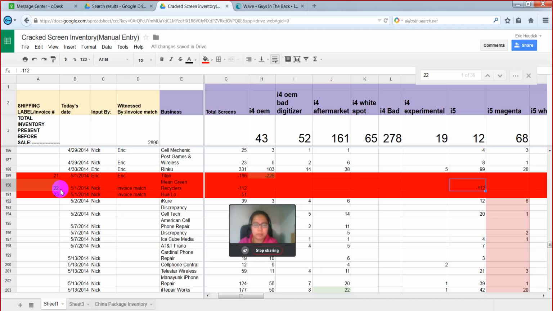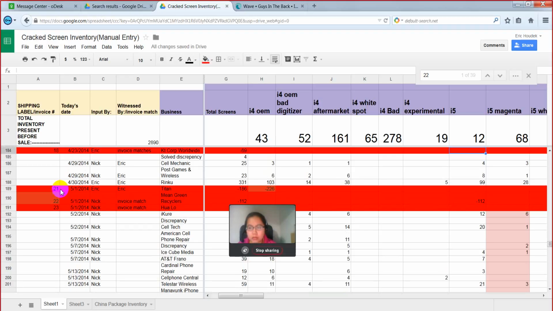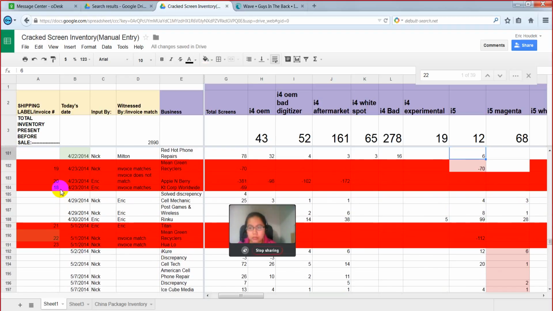So theoretically, I would say, okay, 112: 99 plus 8 is 107, plus 4 is 111. So that's 111, that's basically 112.